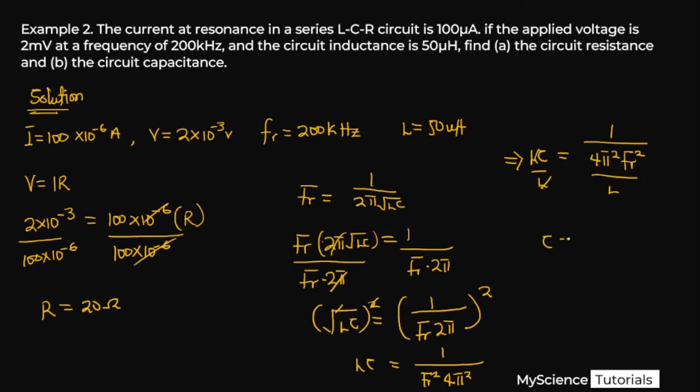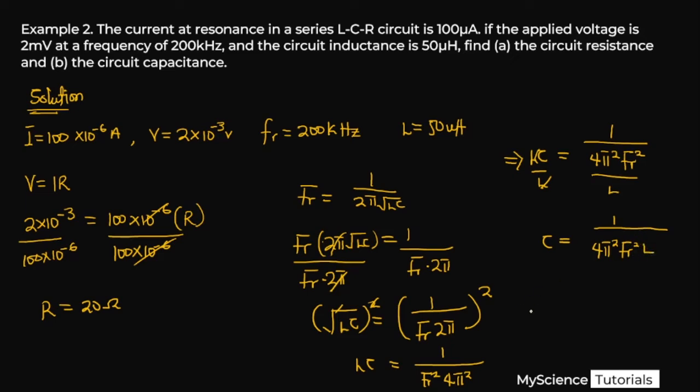If we divide both sides by L, our C will now be equal to 1 over 4 pi squared resonant frequency squared, divided by L, so it will be multiplied by 1 over L. So L will now come at the denominator.